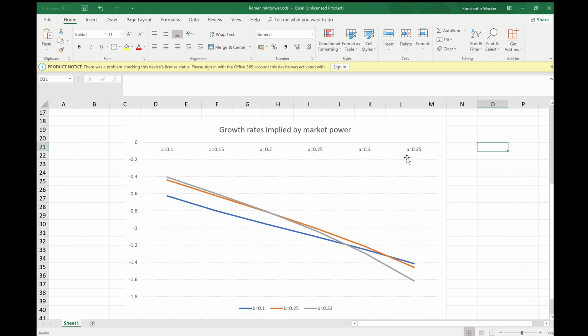Okay, but also have in mind that a higher alpha, holding beta constant, means more market power for each intermediate good producer, for each monopolistic firm in the intermediate good sector.